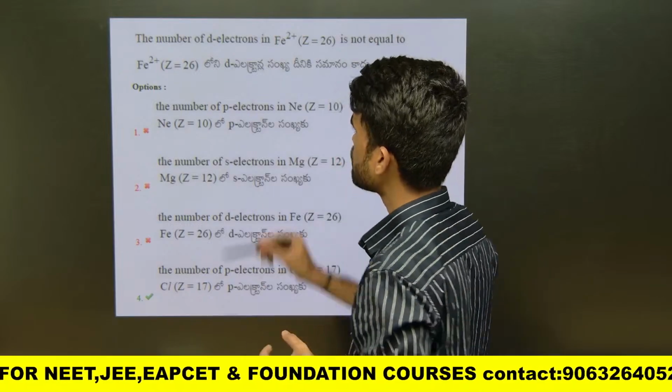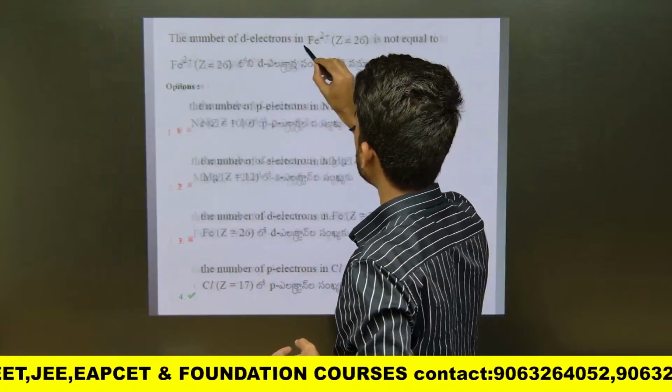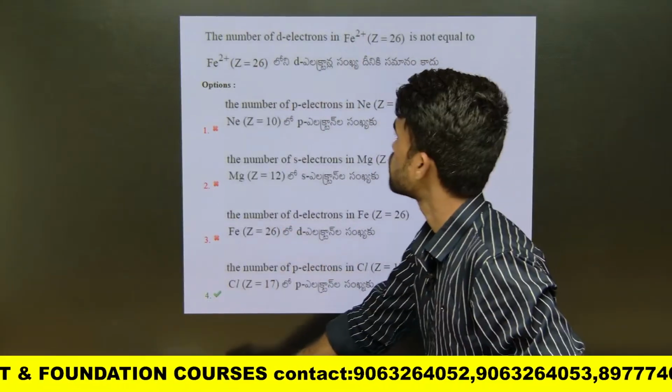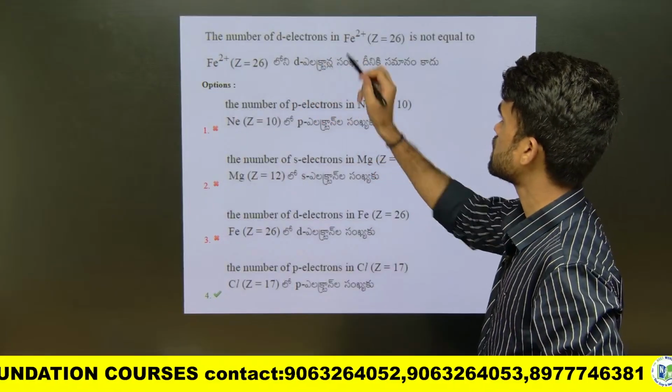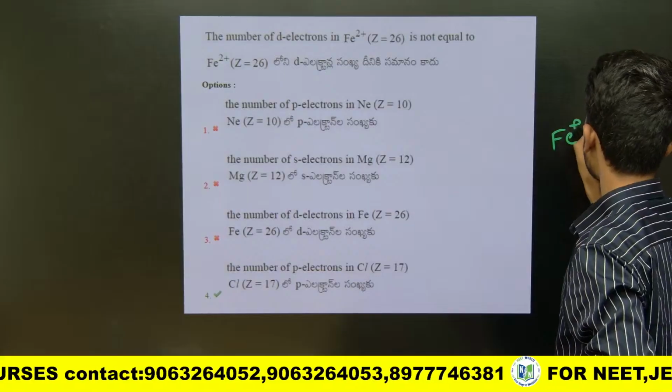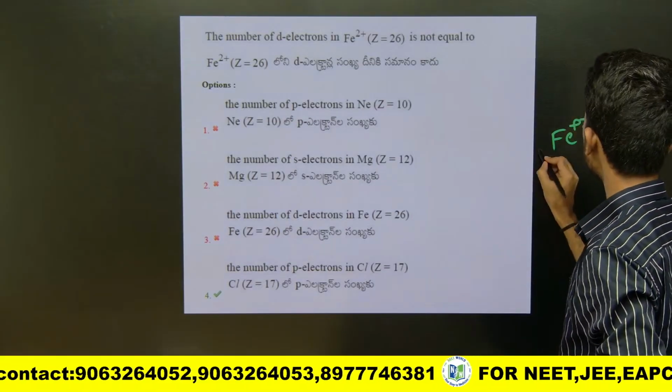Okay, so the number of d electrons in Fe2+ is not equal to the number of d electrons in which of these? Iron plus 2 ion is given, and its atomic number is 26.